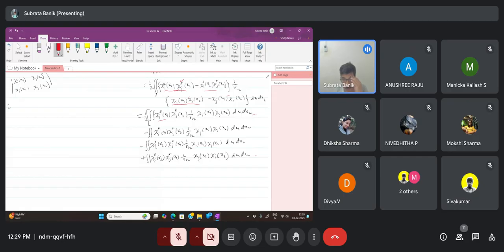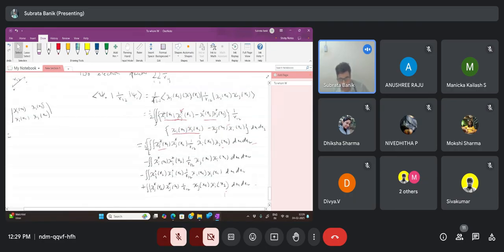Right? So if you inspect the first term and last term, what we get here, we have chi i of x1. If you interchange this and this, if you have a dummy variable interchange, this is small, this is small.